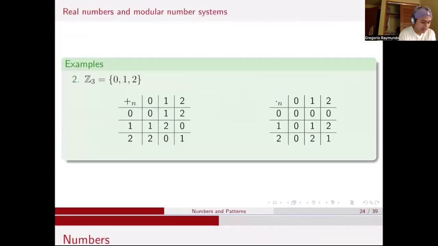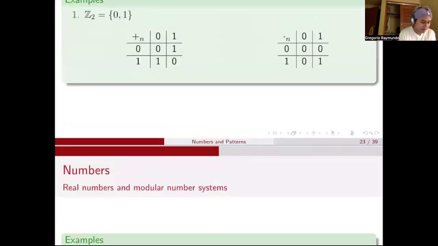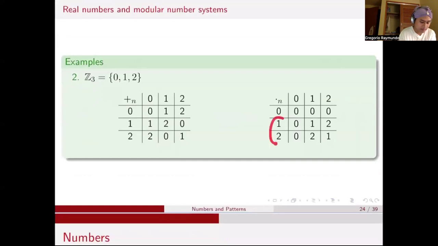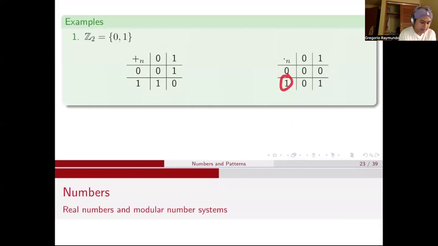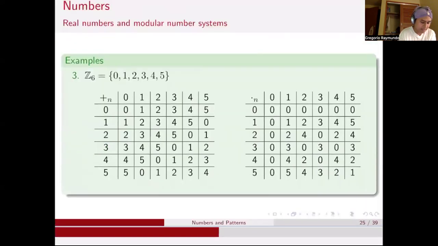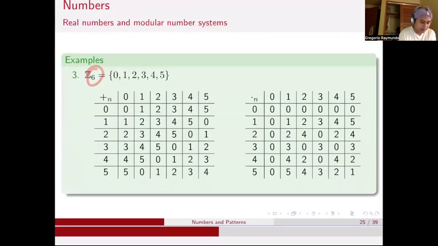Sa Z3, prime number ang 3, prime number ang 2, lahat may multiplicative inverse. 1 and itself, 2 and itself. Pero kapag hindi ka prime number, may mga numbers ka na walang inverse. So, ang tanong, sino yung mga numbers na yon?